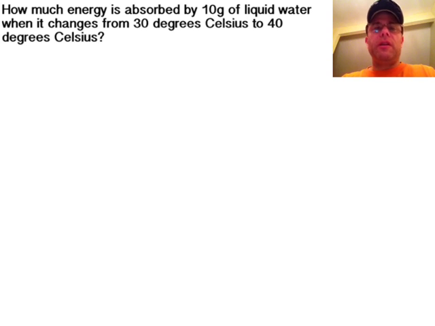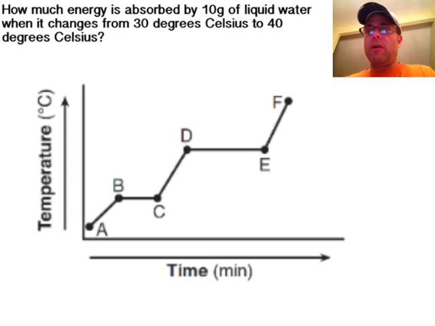Now here's the third type of problem I want to discuss with you now. And it's decoded in this fashion. How much energy is absorbed by 10 grams of liquid water when it changes from 30 degrees Celsius to 40 degrees Celsius? So where on this chart, this graph, are we talking? It's saying that it is changed from 30 degrees to 40 degrees, and 30 degrees, well, this is solid down here, liquid and gas.